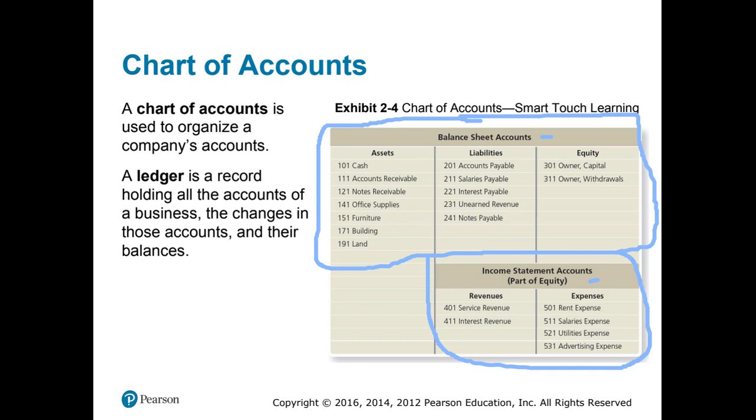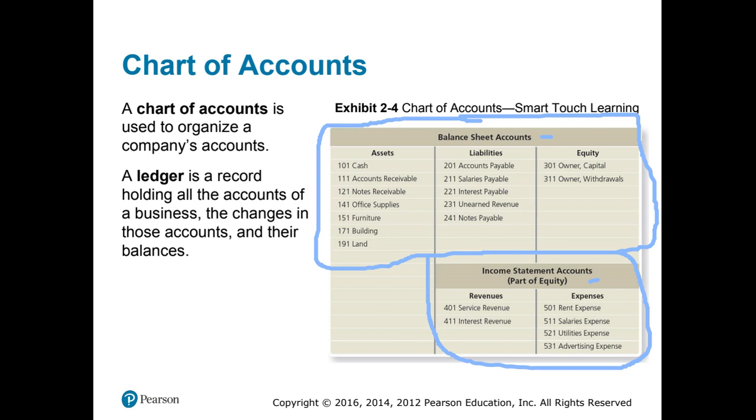But there's something else about these numbers. If you look here, do we see any types of patterns? We've got all of our asset accounts, all of our liabilities. 100, 200, 300. Yes. All of our assets start with 1, all of our liabilities start with 2, and our equities start with 3. Revenues 4, expenses 5.